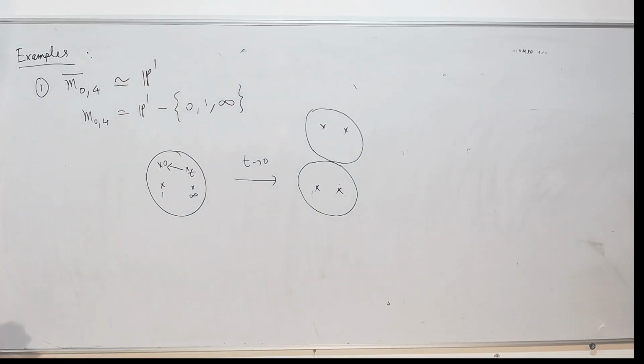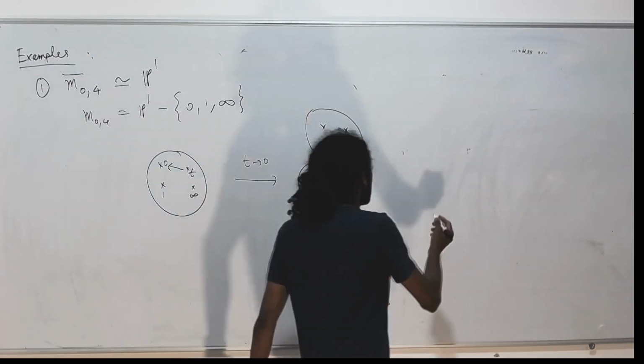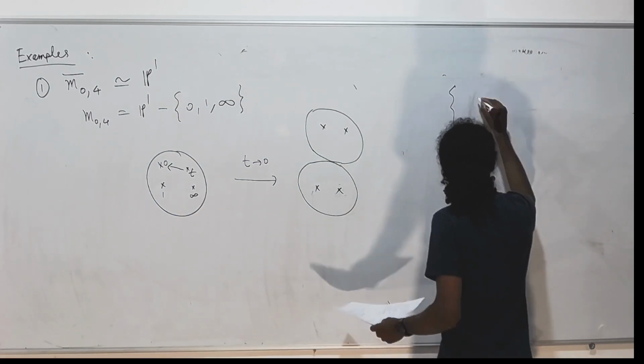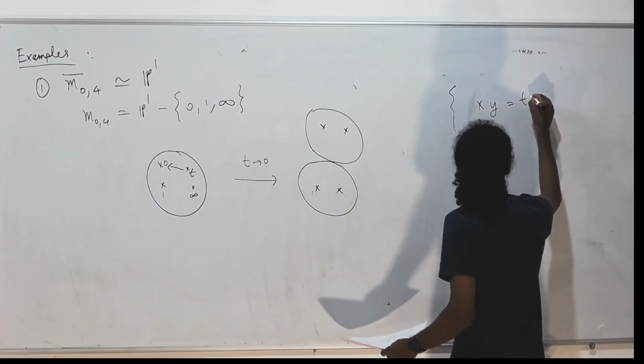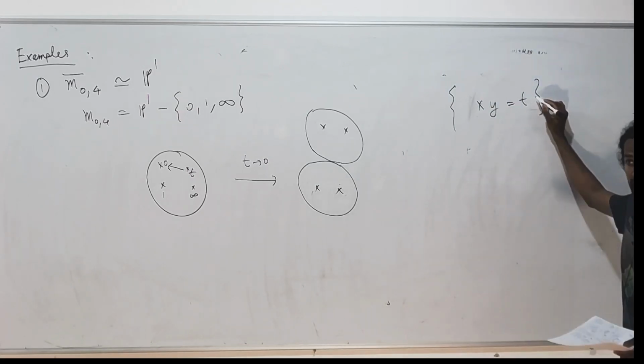Okay, but why does that happen? We're not pinching anything, we're not getting a node. It's kind of hard to imagine. To see that, let's look at a family of curves that looks like xy equals t, or xy equals tz squared if you're projective.